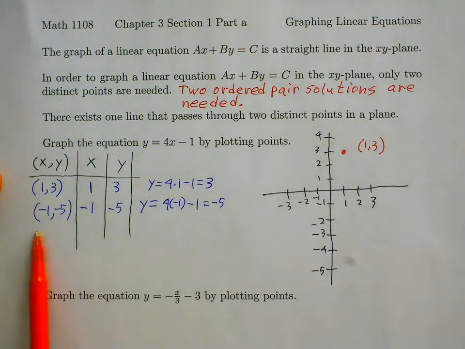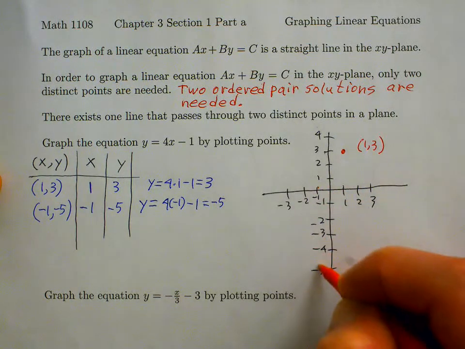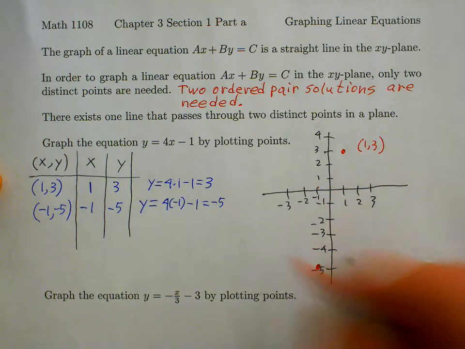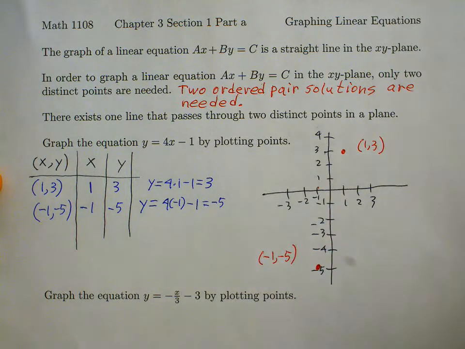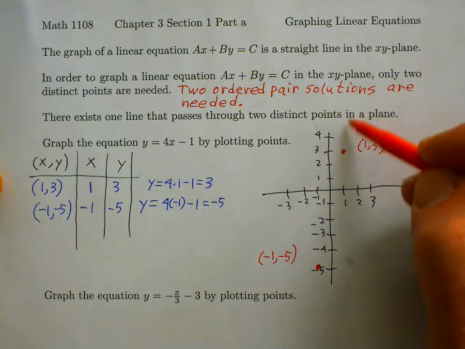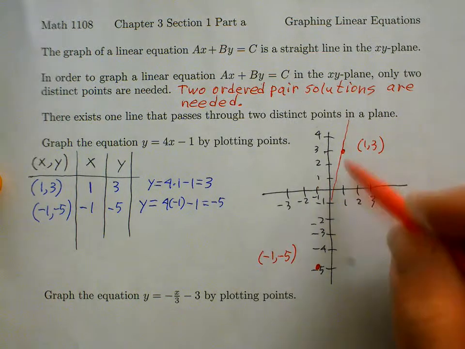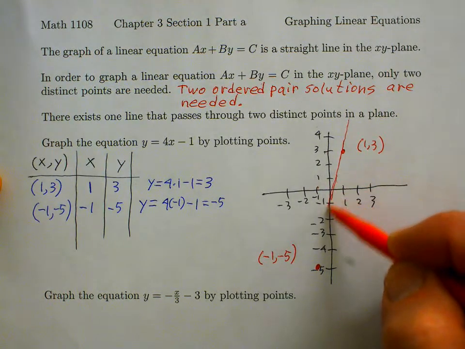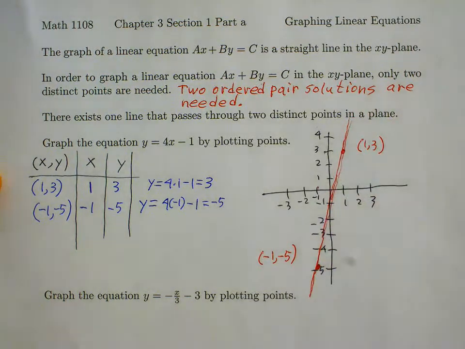The ordered pair -1, -5 is about right here. And then if you have a ruler, you can graph the equation. So that's supposed to be a straight line.